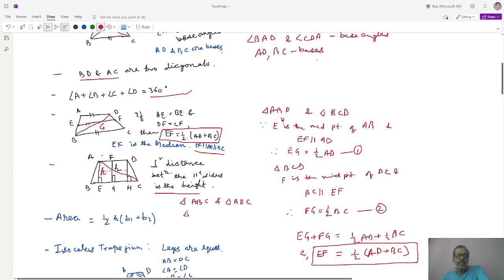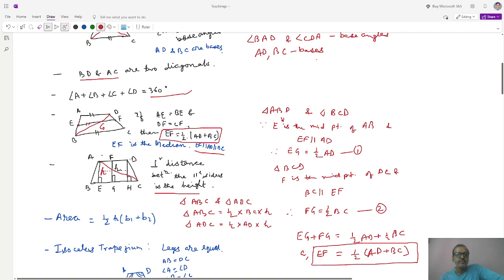So triangle ABC equals half of base BC into height H. Similarly, area of triangle ADC equals half of AD into H. Okay.